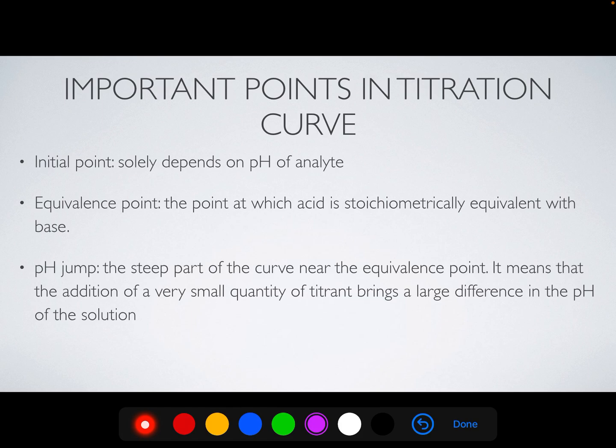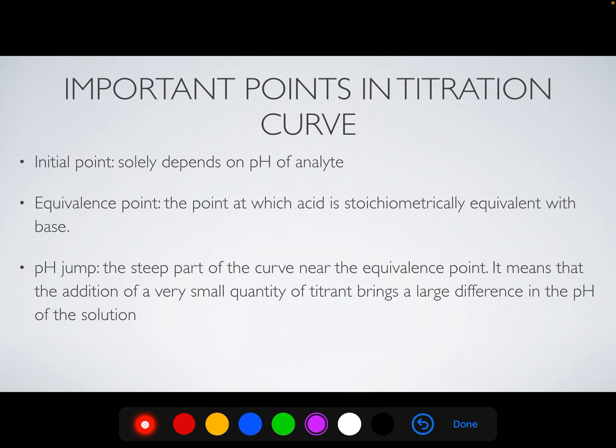Okay, pH jump is the steep part of the curve near the equivalence point. There will be in this titration curve a steep part, where the change in pH is very large with a small amount of titrant being added to the conical flask. That is how we get the steep part of the titration curve, or it is better known as pH jump.